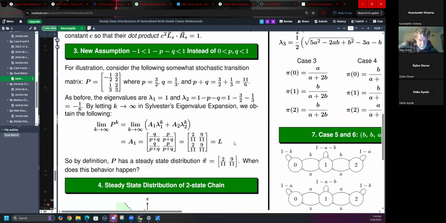So it does fall in the range of between 1 and -1, which means the second term here goes away. And even though there's a negative transition in the P to the K has a steady state distribution, which is 2/11ths and 9/11ths.